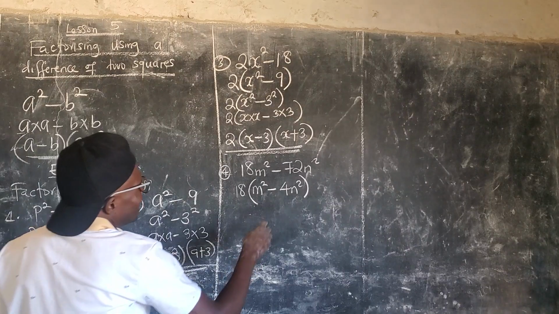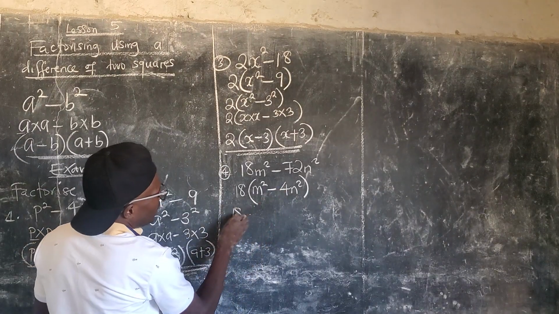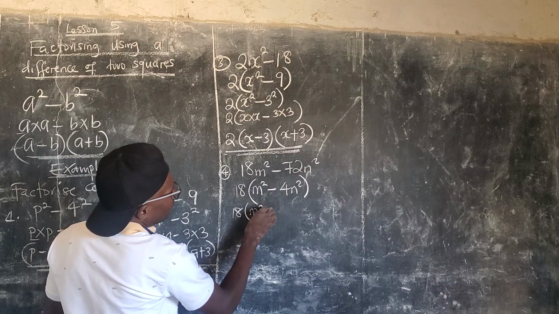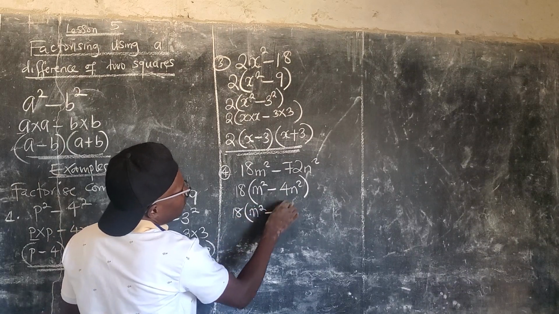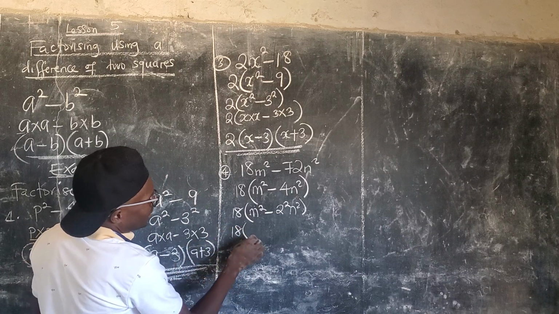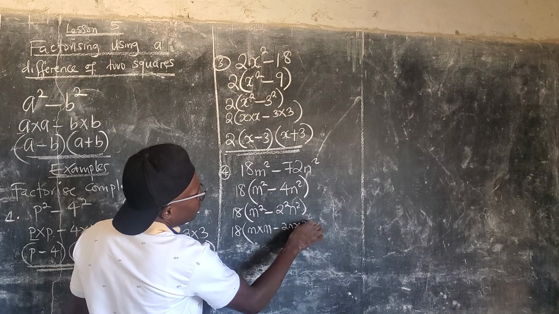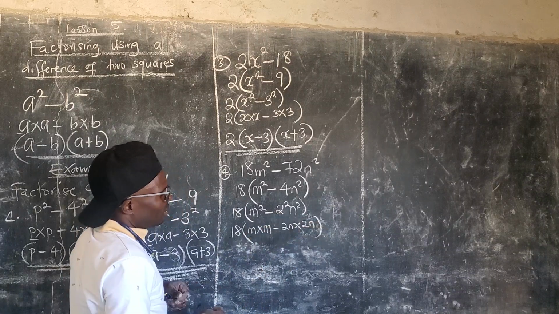We are going to find a number that we can square to give us 4. So it will be 18 open bracket m squared minus 2 squared n squared. In short, then we can have m times m minus 2n times 2n, because 2 and n are together.